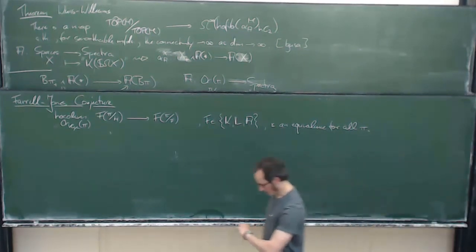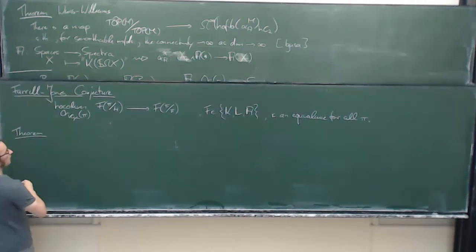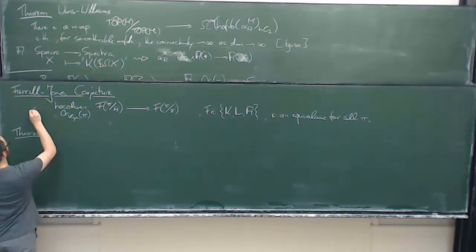And now let me come to the final theorem of my talk, which now contains a probably familiar looking list of groups. So maybe this map should get a name.